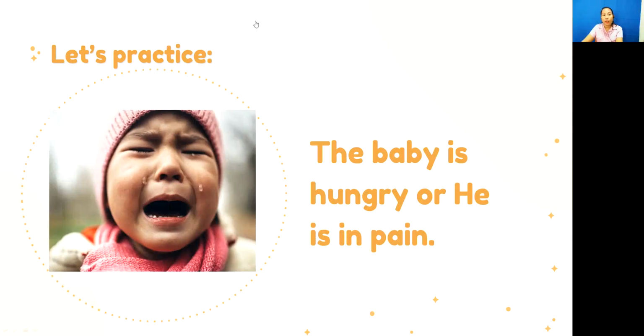So we can infer that the baby might be hungry or in pain. That is why he is crying. Yeah, the baby cries because he might be in pain or he is hungry. That is why the baby cries.